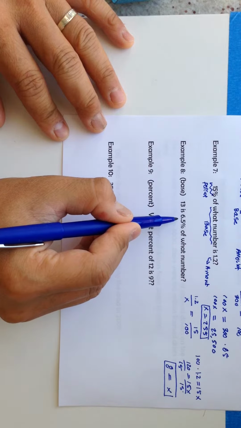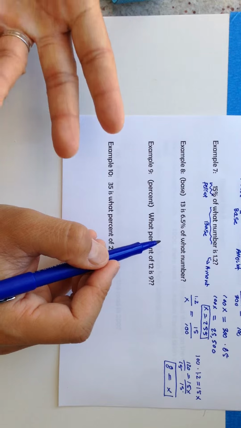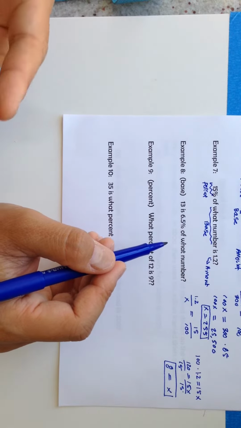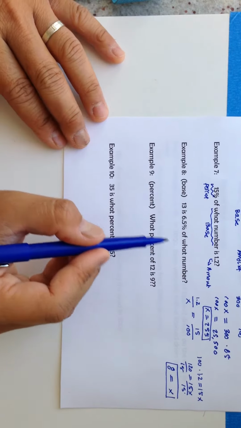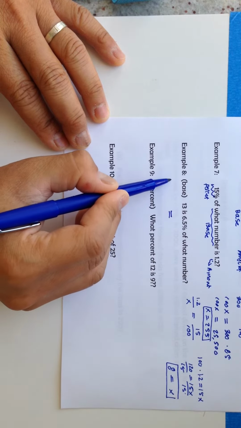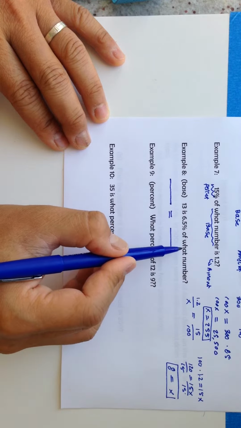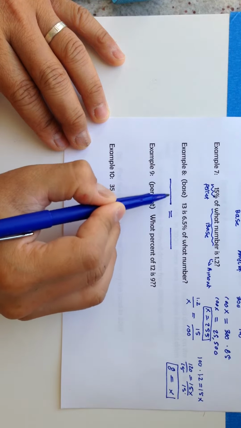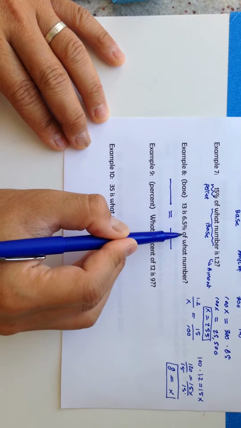13 is 6.5% of what number? Once you're good at it, you'll be able to quickly identify the base, percent, and amount without writing them out. The base always goes down here, and it's always the value after the word of.